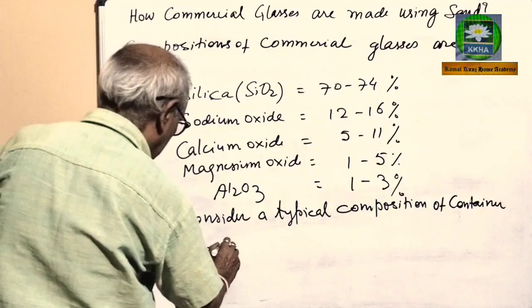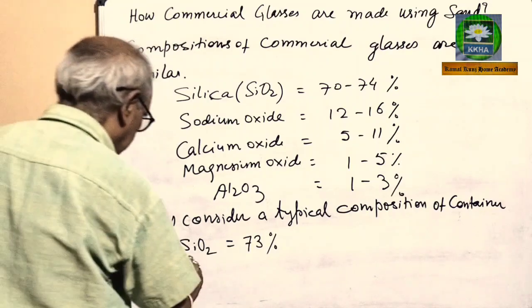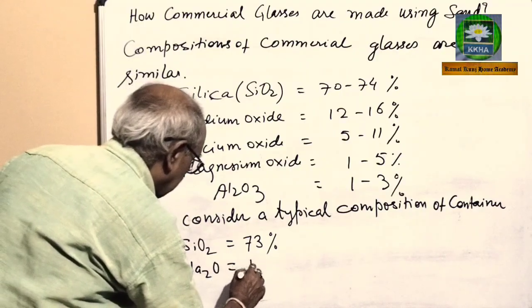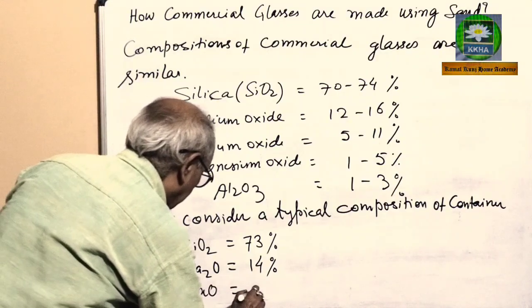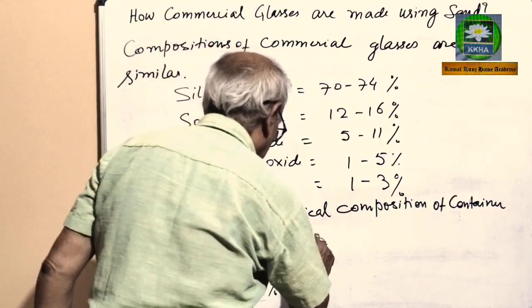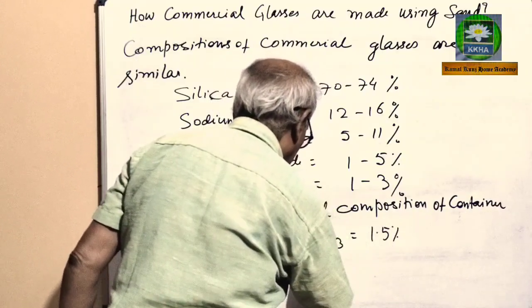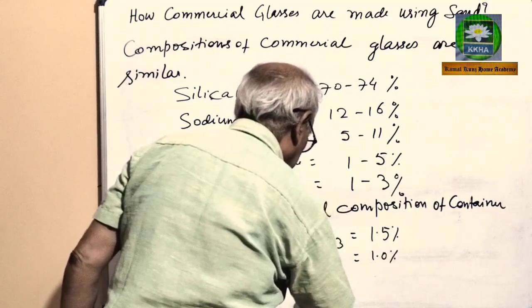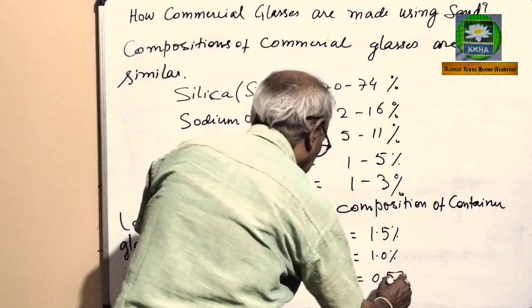Silica 73%, sodium oxide 14%, calcium oxide 10%, alumina 1.5%, MgO 1%, and 0.5%.